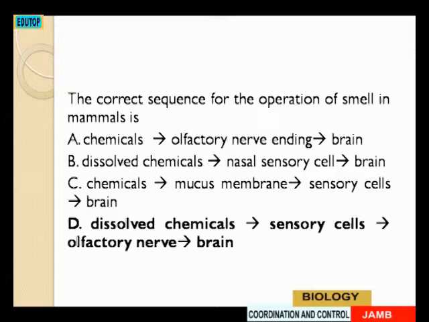Now, in perceiving smell, what happens first is that the chemical, the so-called smell, gets into the nostrils, and it is first of all moistened by the hair in the nose, and then it is sieved before you start to perceive it.